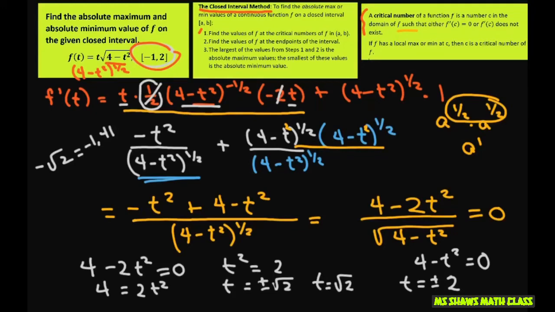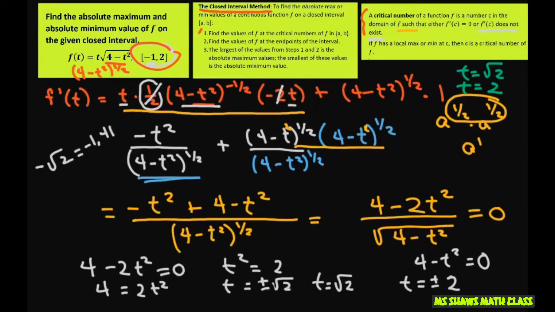Again, negative 2 is not in the interval because we only go to negative 1. So it is a critical number because f prime does not exist. So my two critical numbers are t equals square root of 2 and t equals 2. It doesn't exist, but it's still a critical number.